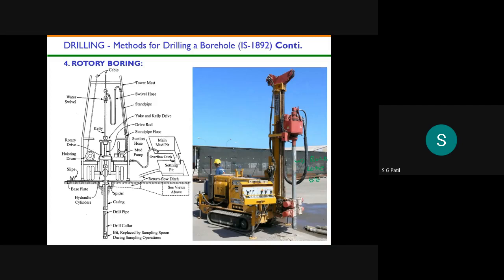Once it is going inside the ground and the rotation happens, the rock will be cut and stored inside this core bit. So this is the entire assembly of the rotary boring.